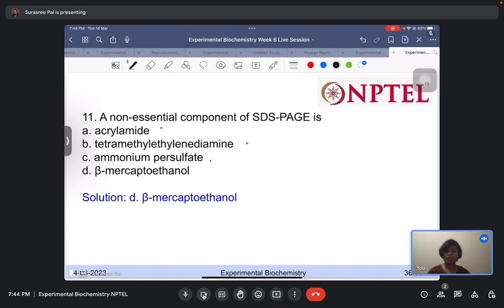So it's a non-essential component. If beta mercaptoethanol is used, then it will be a denaturing PAGE, and it will be acting as a reducing agent.